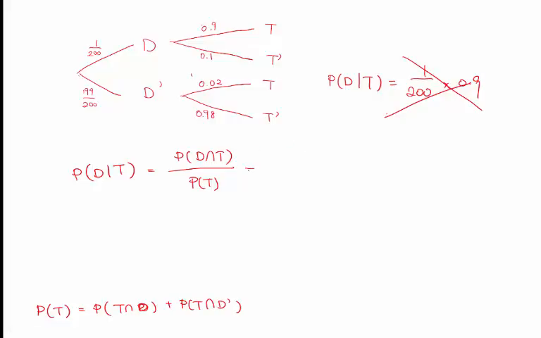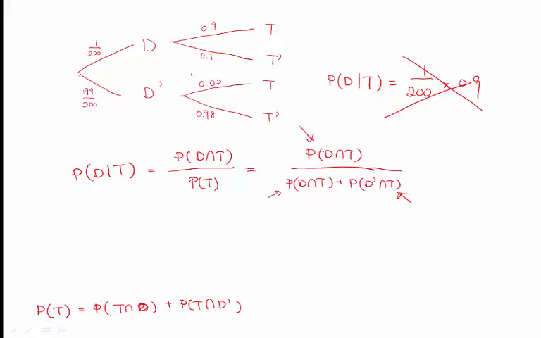So if I were to write it here, the full thing will be P(D intersect T) over P(D intersect T) plus P(not D intersect T). When we have this, it's quite easy to understand that we have to find all these elements. And these elements are simply found by going along the probability tree and finding the probability.